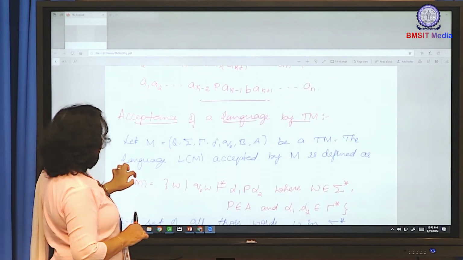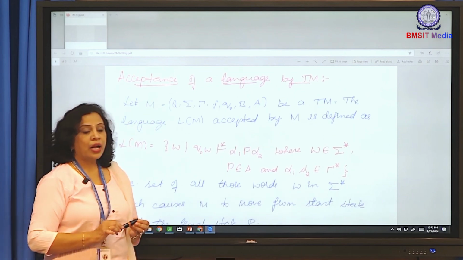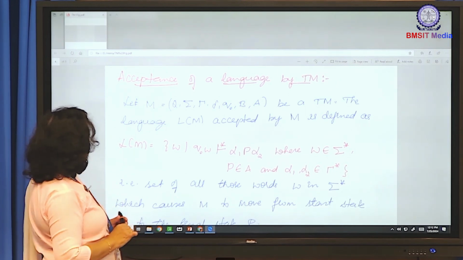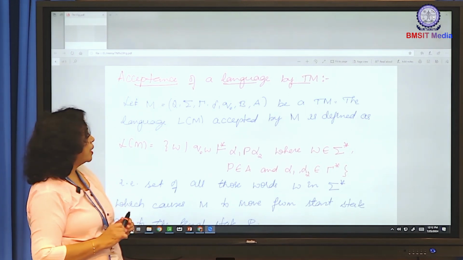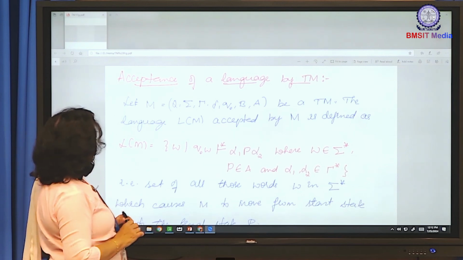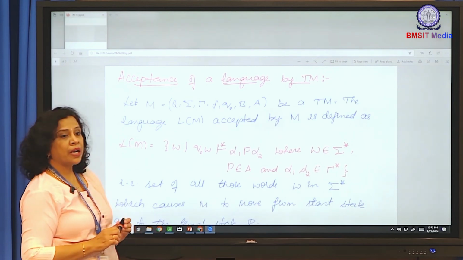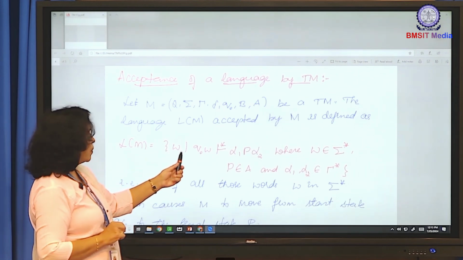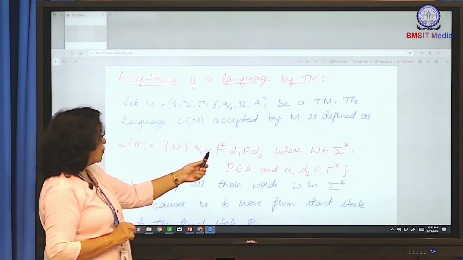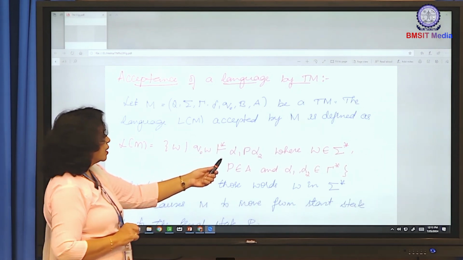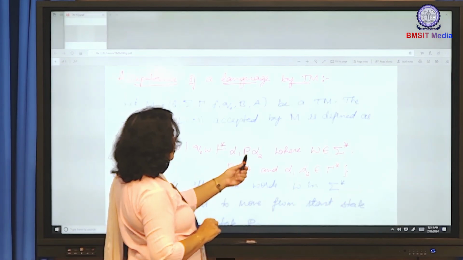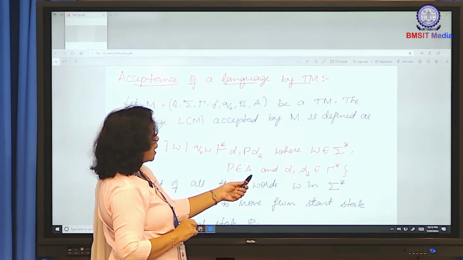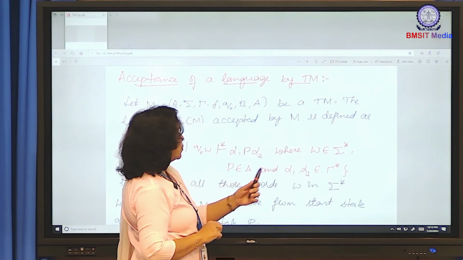Now let's see how to accept a language. Acceptance of a language by the TM. So let M equals Q sigma tau delta Q naught be a Turing machine. The language L of M accepted by M is defined as L of M equals set of all W for all Q naught on W in one or more moves is alpha comma alpha 1 P alpha 2, where W belongs to sigma star, P belongs to A, and alpha 1 comma alpha 2 belongs to tau star.